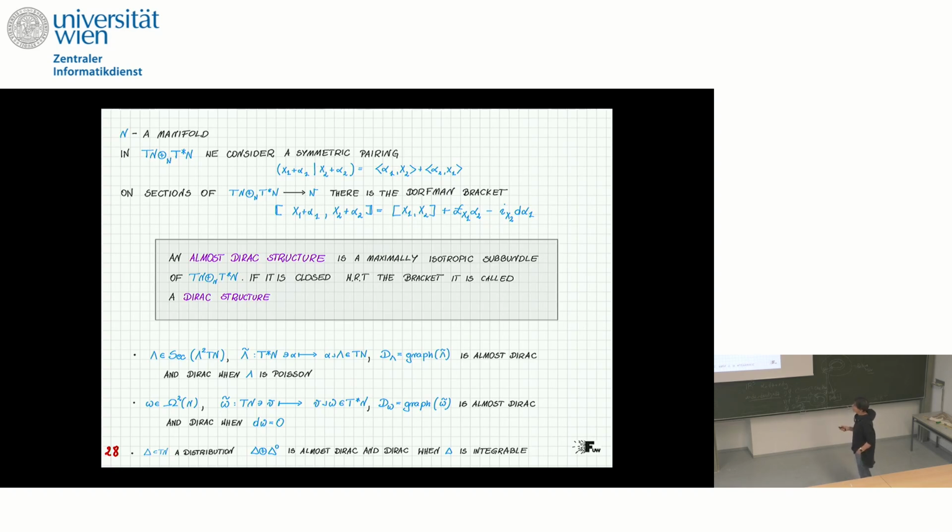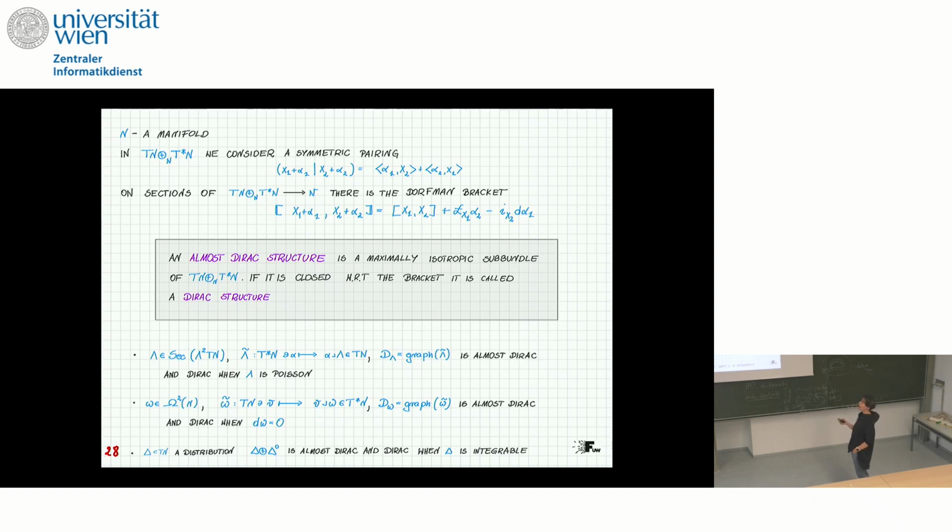For example, take a bivector, take the map given by the bivector, and take this subbundle as a graph of this bivector. Then it is almost Dirac, and if this bivector is Poisson, then we get a Dirac structure.